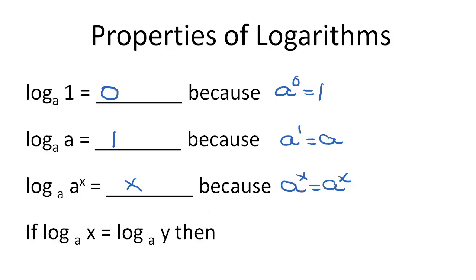And lastly, if log base a of x is equal to log base a of y, what's going to happen? We have logs with like bases with an equal sign between. That means that x is going to be equal to y.